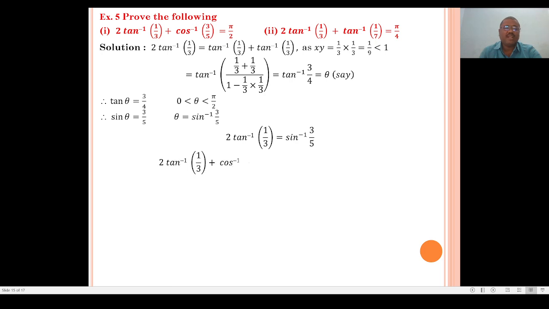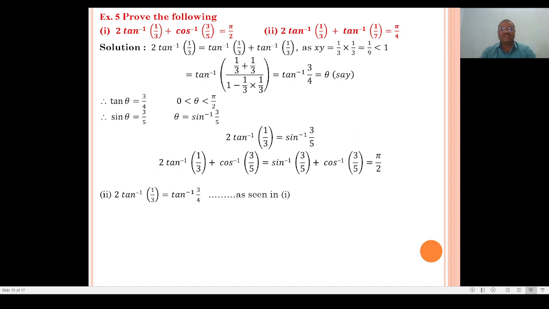And 2 tan inverse 1/3 plus cos inverse 3/5 equals sin inverse 3/5 plus cos inverse 3/5 equals pi/2. And the second example, 2 tan inverse 1/3 equals tan inverse 3/4. So we already proved it in the first example.